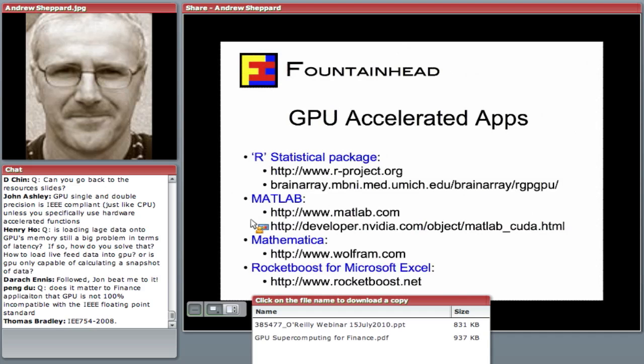Okay, and then a related question, I think it's Peng is asking, does it matter to finance applications that GPU is not 100% compatible with the IEEE floating point standard? Again, if you're doing this sort of work, the best thing to do is to write an awful lot of unit tests that test the corner conditions.